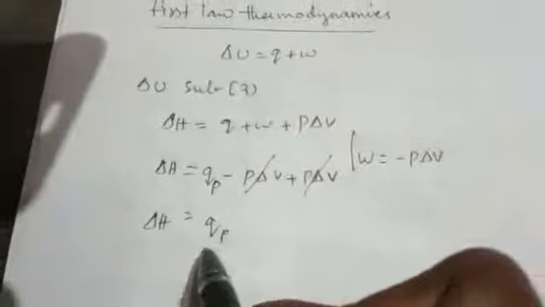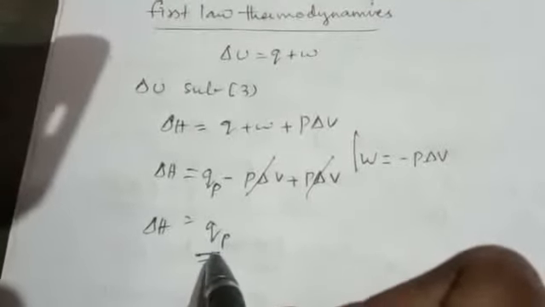Q P is the heat absorbed at constant pressure, the heat content.